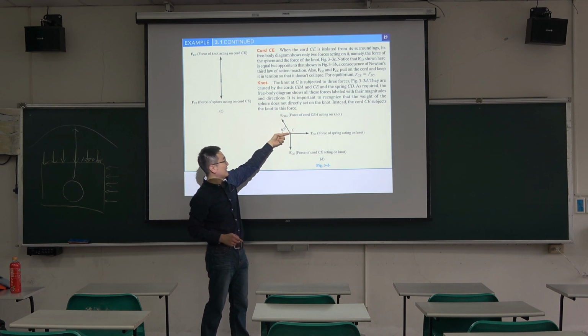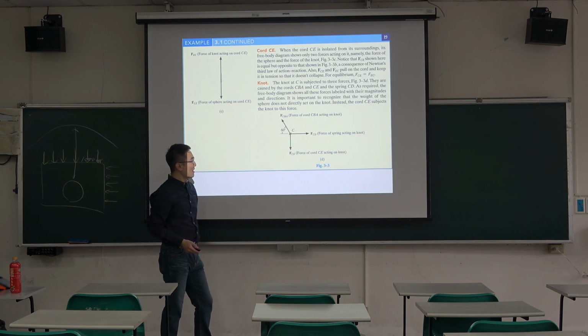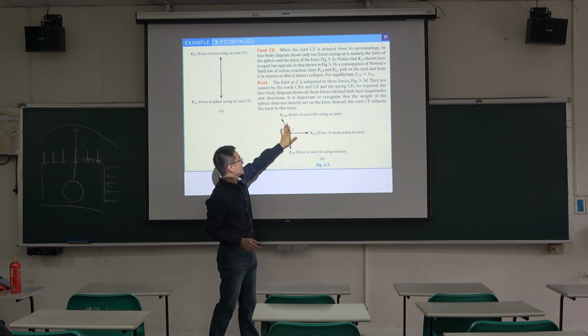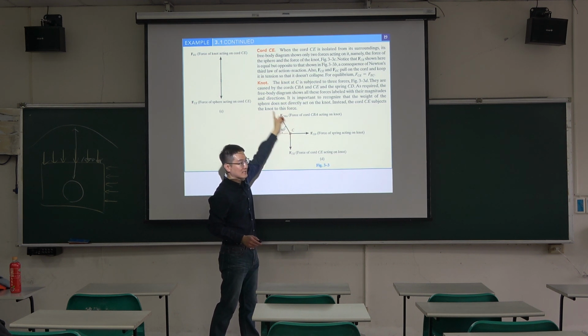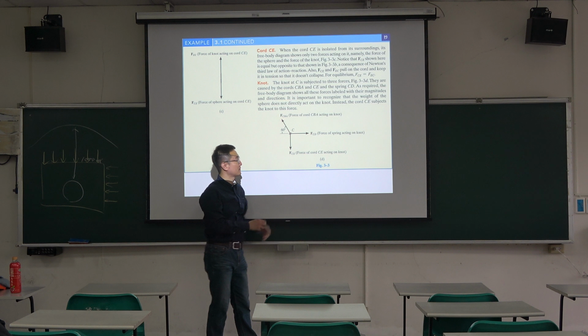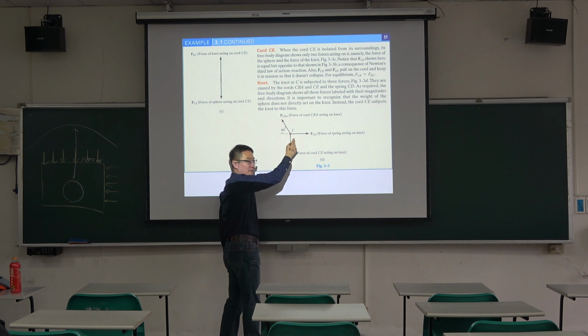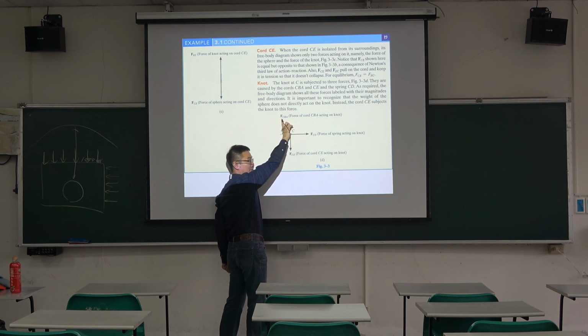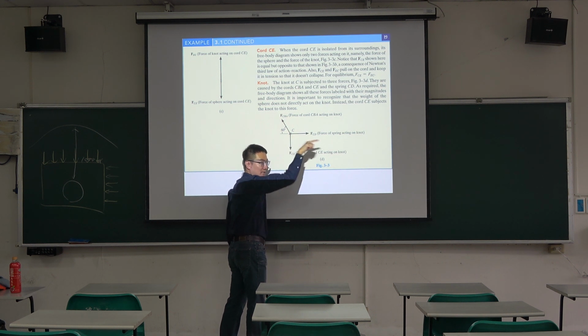The other comes from the spring. If we don't know the spring's direction, from our observation, this CE tensile force is in this direction, and this one is in this direction. But if we consider the free body diagram for this case, this spring must be in this direction.